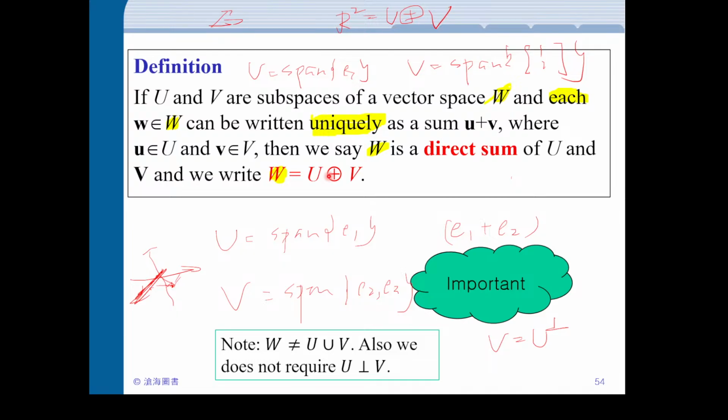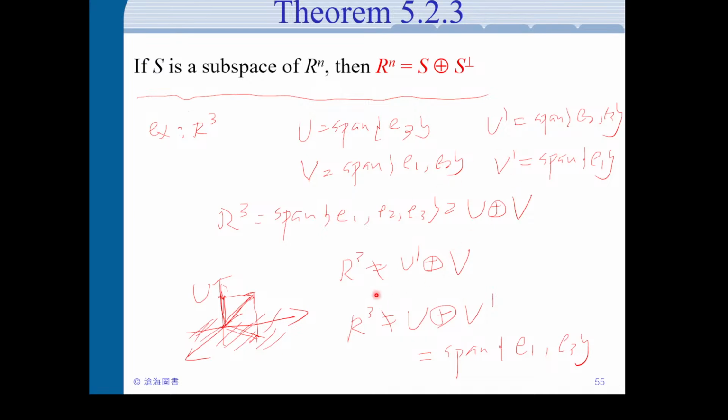It's a bit of a weird definition because we cannot take any two subspaces and take their direct sum. If this uniqueness condition is not satisfied, then the direct sum doesn't exist by this definition. Only when this unique condition is satisfied, so basically the two subspaces have a trivial overlap, do we have this direct sum defined.